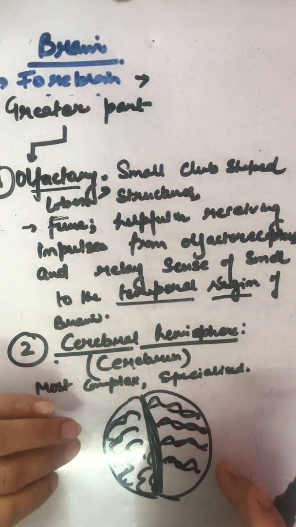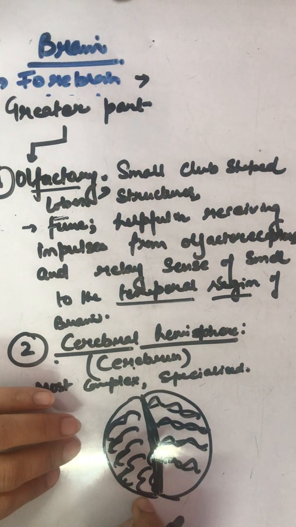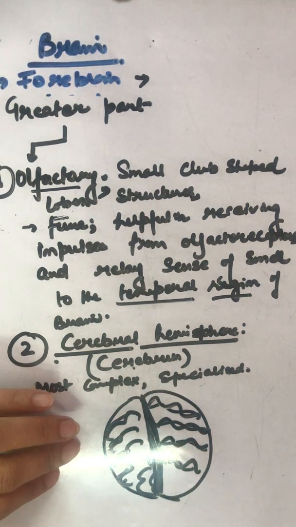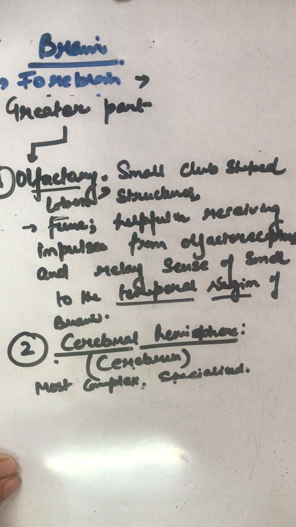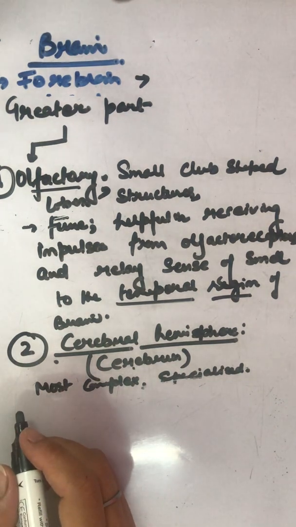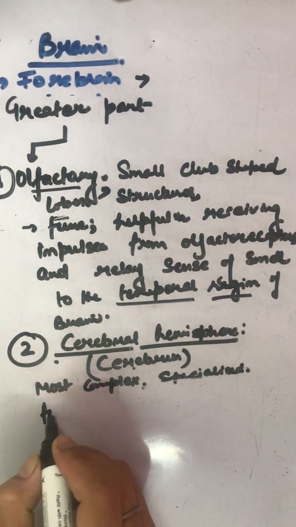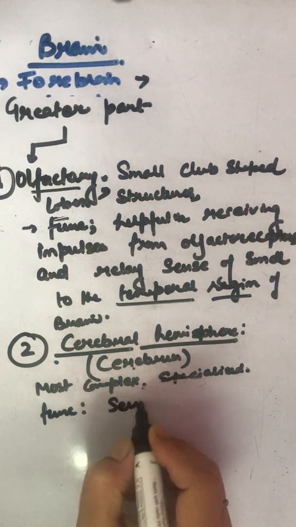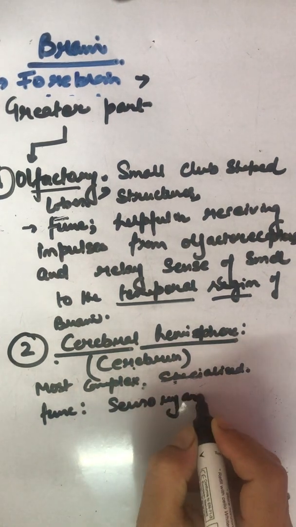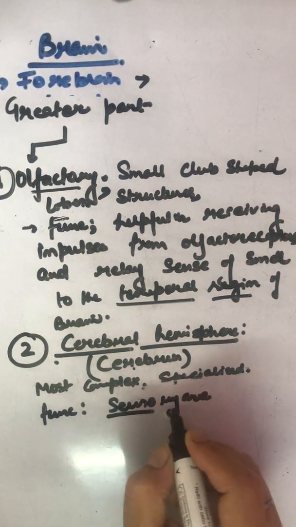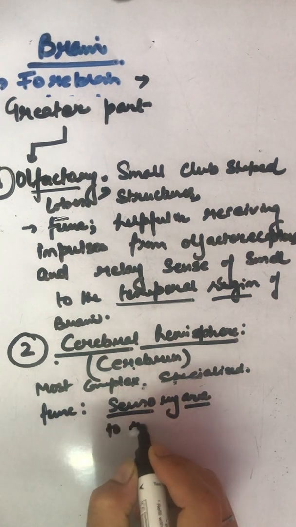And then we say there are specific regions for the kind of stimulus, and along with it they have certain functions to perform. First of all, it has a sensory area. Why sensory? To receive impulses.